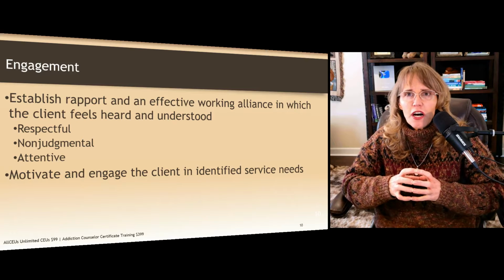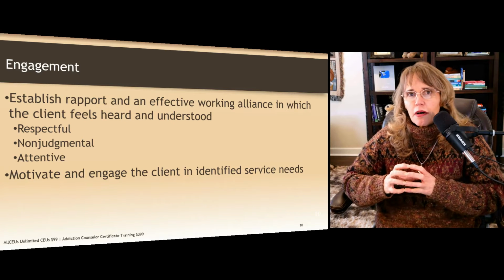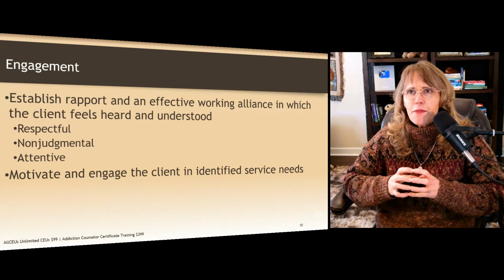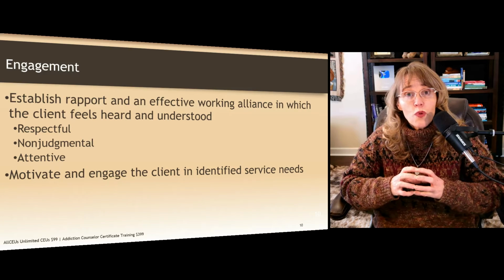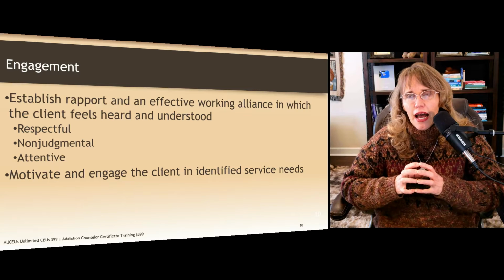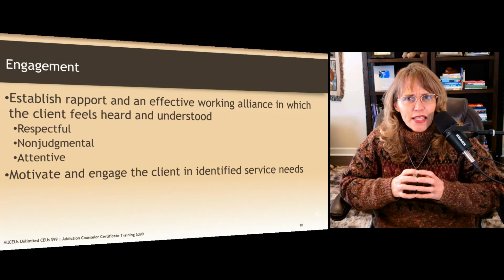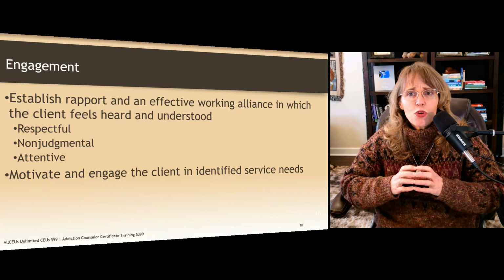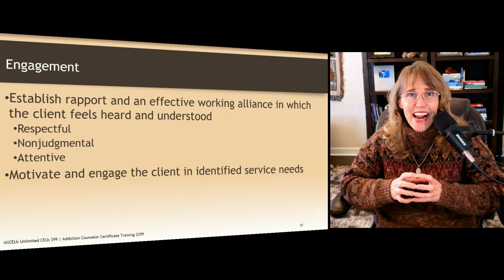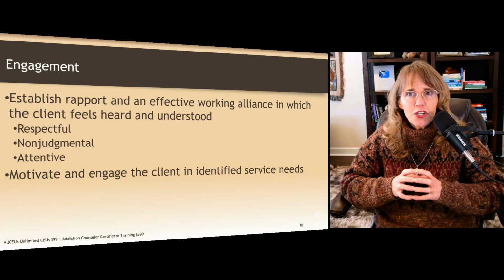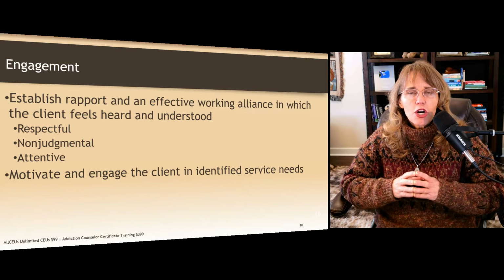If they start talking to you about being in a domestically violent relationship and unable or unwilling to leave, questioning them on that, being judgmental about that is going to destroy rapport. We want to hear where they are and be respectful of their current circumstances.